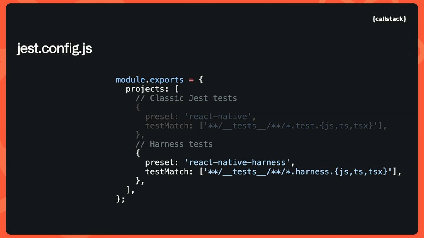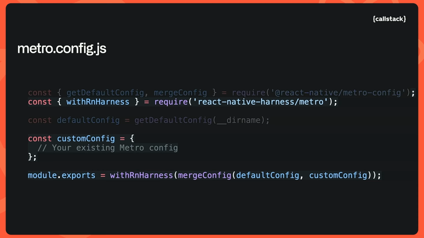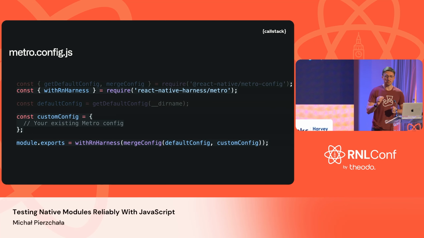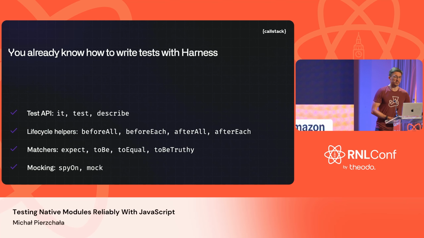With Jest config, we just need to add the preset React Native Harness, and you can run it next to your regular unit tests using the projects feature. I really encourage you to give it a try if you haven't. And for Metro, it's adding one more higher order component with React Native Harness specifically, and you're done with the setup.